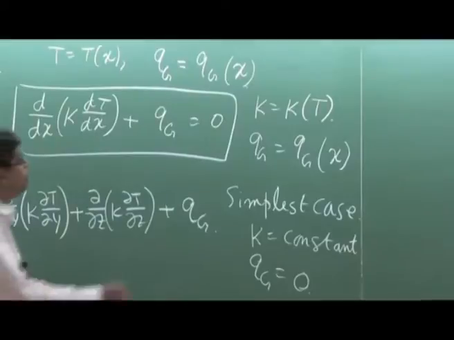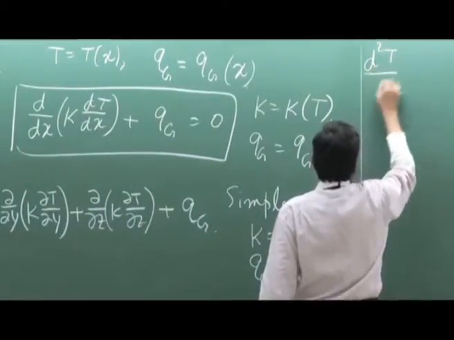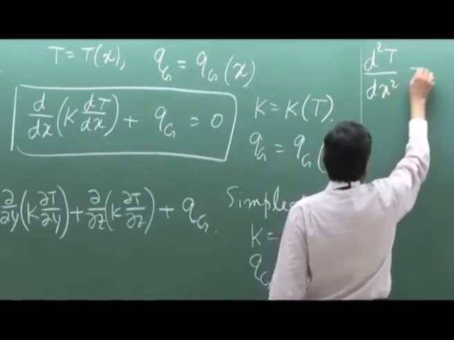This becomes d square T dx square equals to 0.